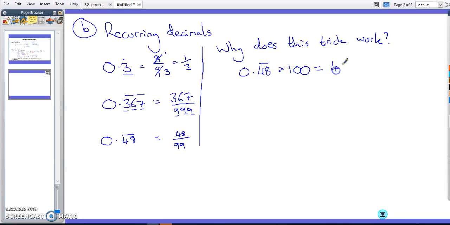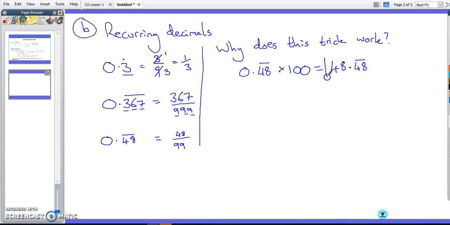I would get 48.48 recurring. Because I have infinitely many numbers after my decimal point, if I move 2 of them to being before the decimal point by multiplying by 100, then I will still have infinitely many 4s and 8s after my decimal point here.